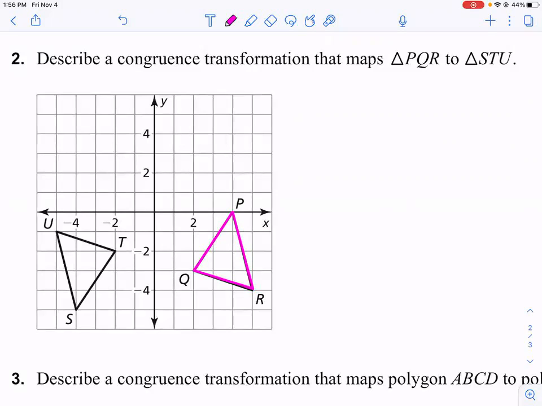What's the transformation? It could be a combination of transformations. There could be 2.